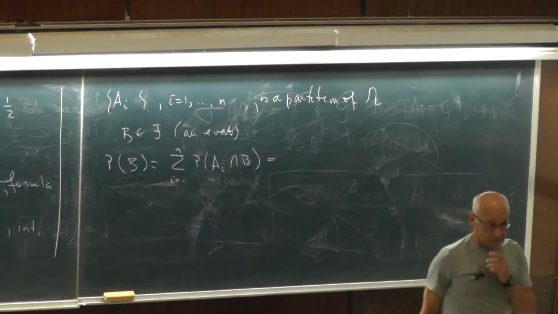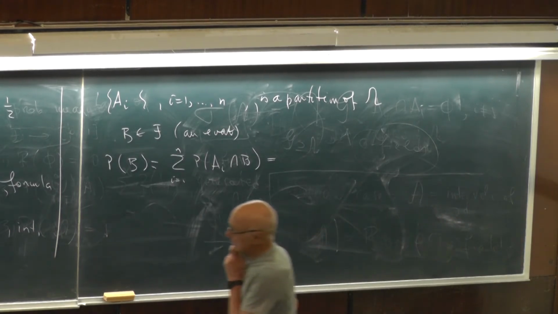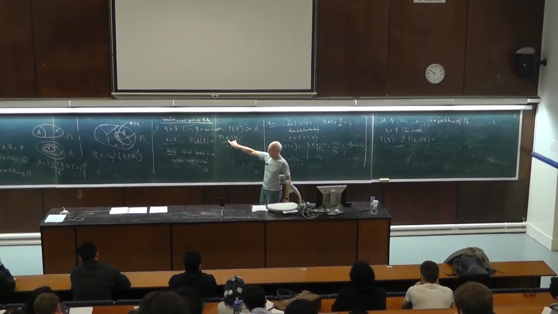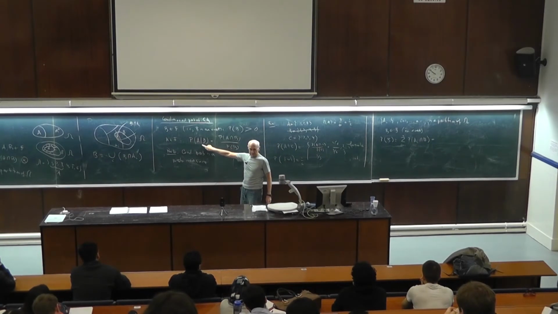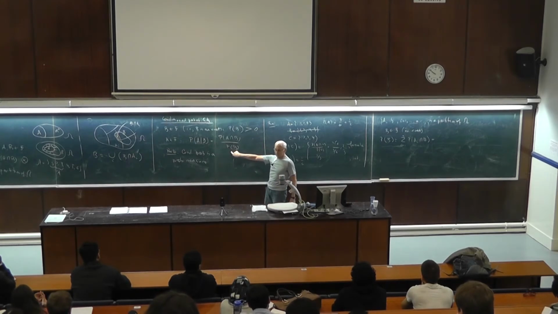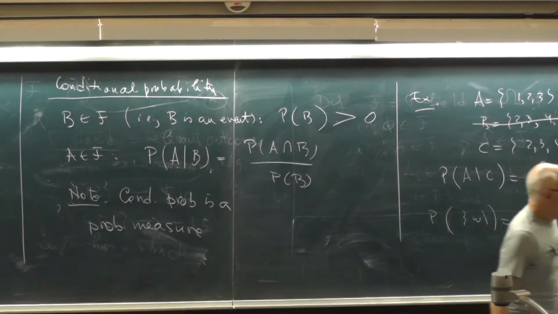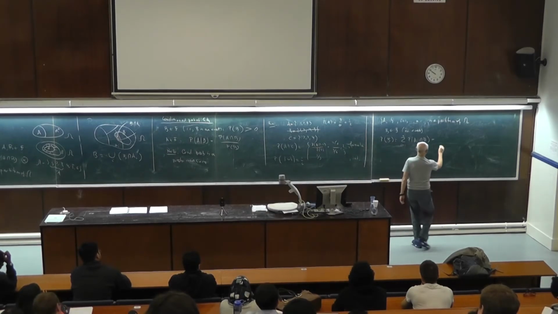Now we use the concept of conditional probability: this intersection can be written as the product of a conditional probability and what's at the bottom here.